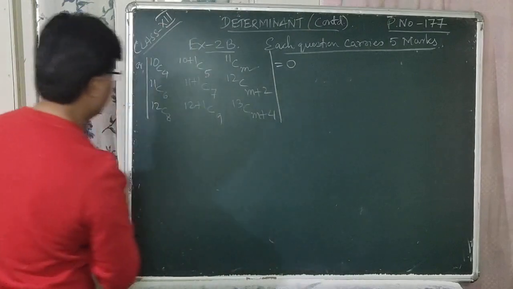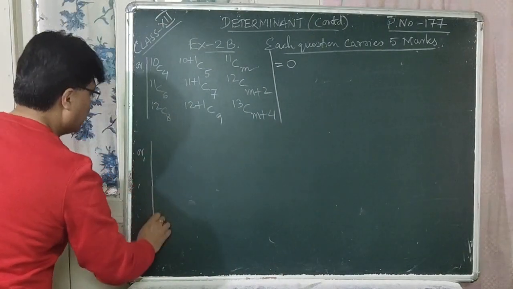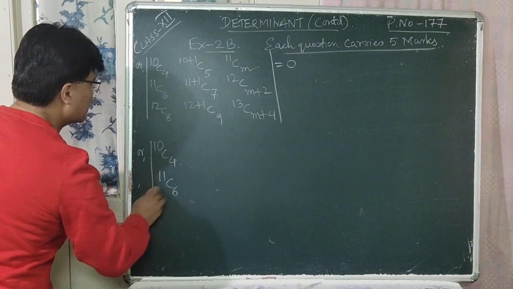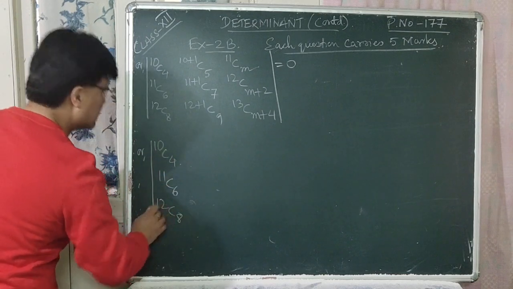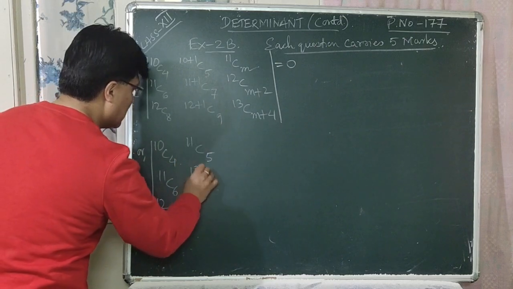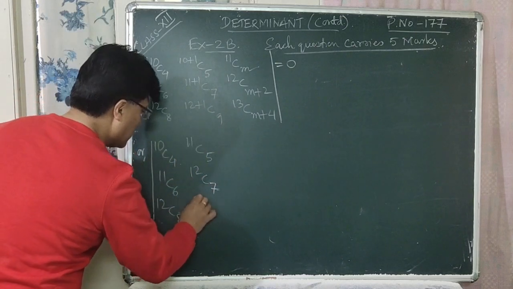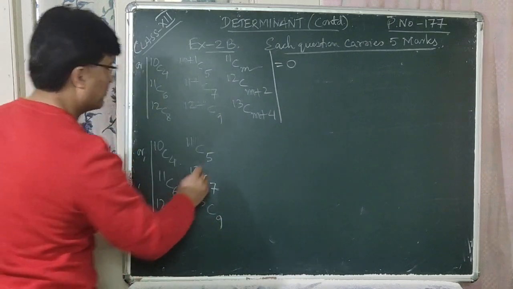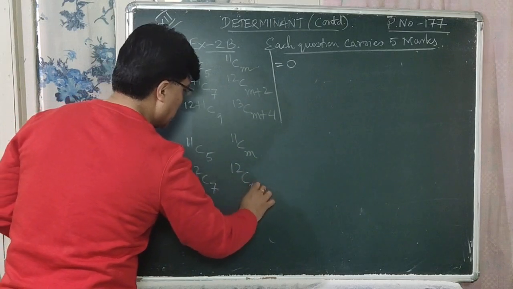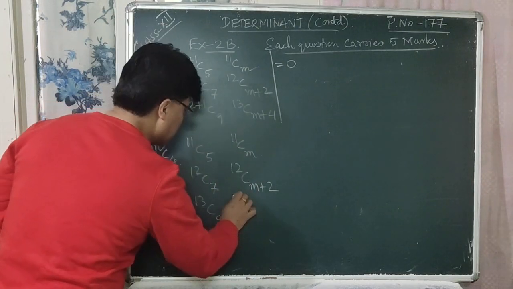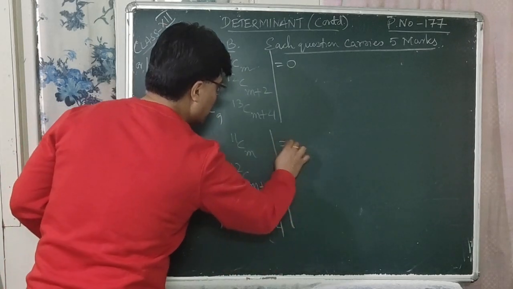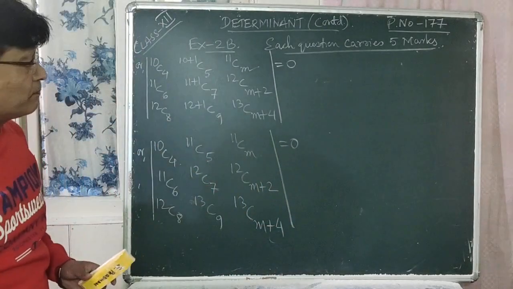So now this is your 10C4, 11C6, 12C8, next 11C5, 12C7, 13C9. Now 11Cm, 12C(m+2) and 13C(m+4). This should be equal to 0, right?